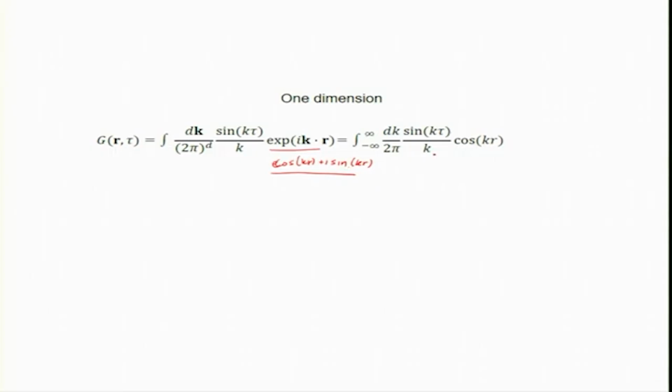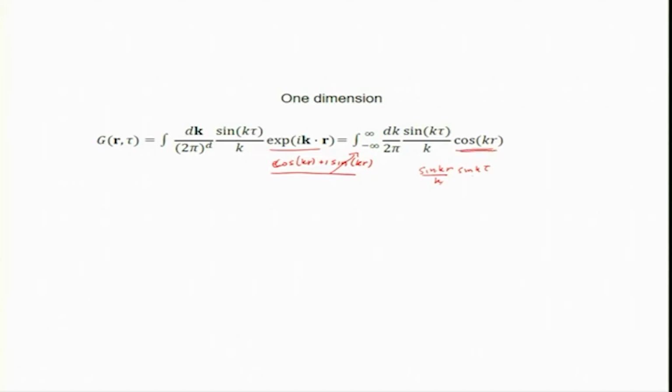So sin kr by k times sin k tau: sin kr by k is even, but sin k tau is odd. When I change sign from positive k to negative k, I will get exactly the opposite. So this imaginary part of the integral will go to 0. What survives? Only the real part.